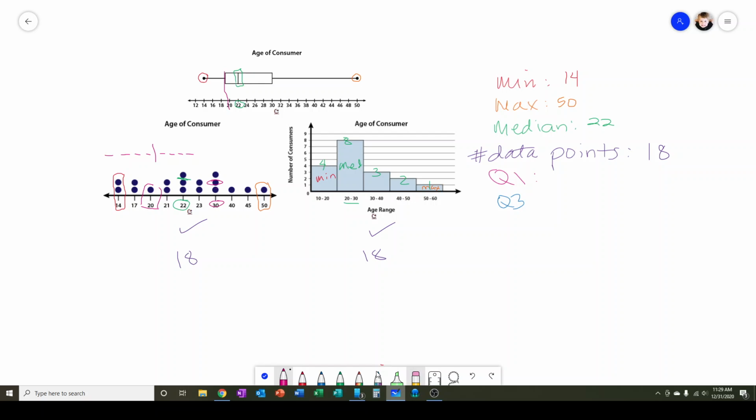Again, we would want 4 to be here, and then 4 over here. So it would be in this range because this is 10 to 20 and then 20 to 30. So the fifth number would be in here. And so that matches. So we'll say this is 20.